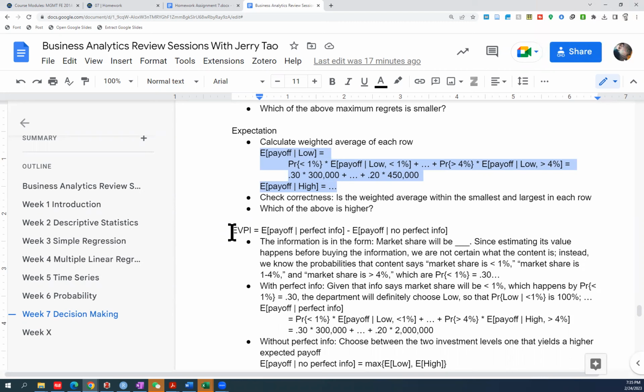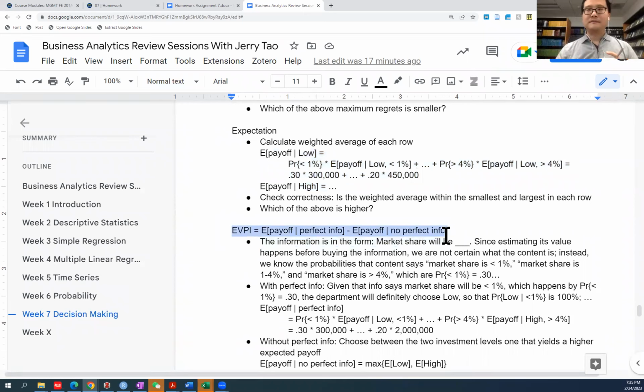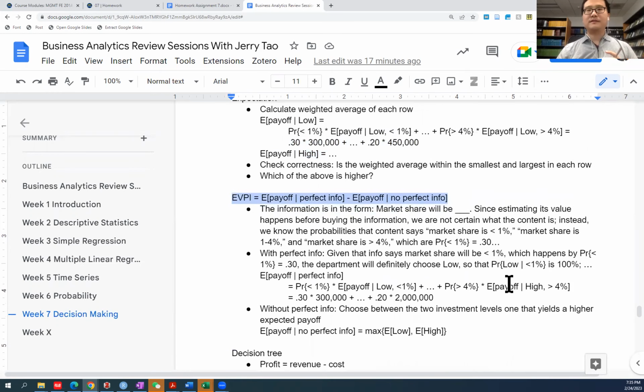If with this extra piece of information we have extra payoff, then this additional premium would be the value of information. That's simply what's written here. That's the logic that we walked through. Because of this, we would have to calculate each piece of it.